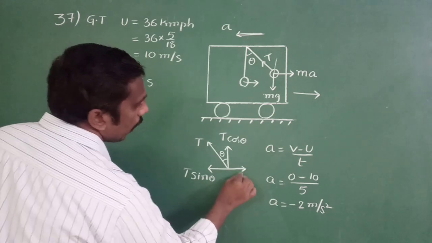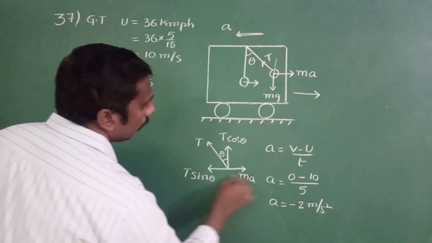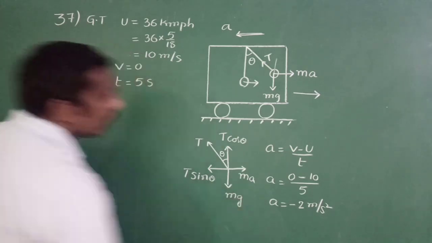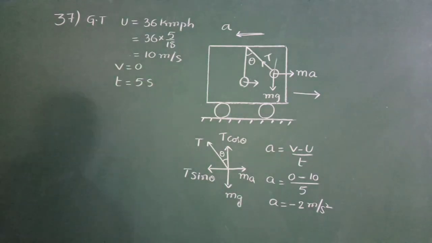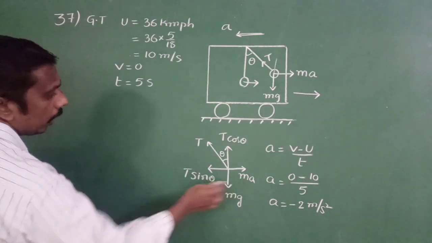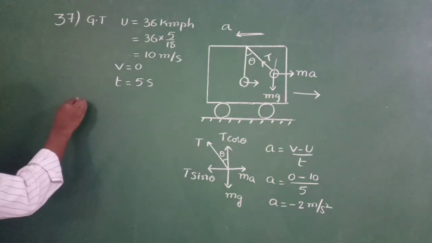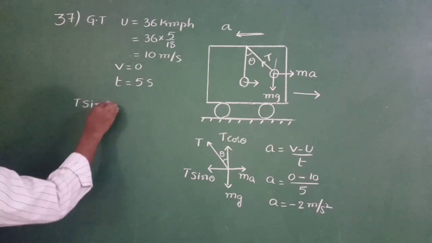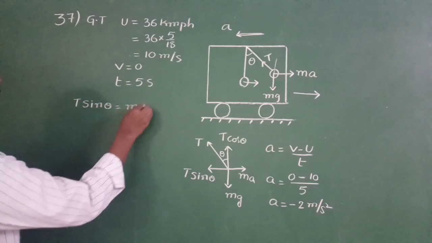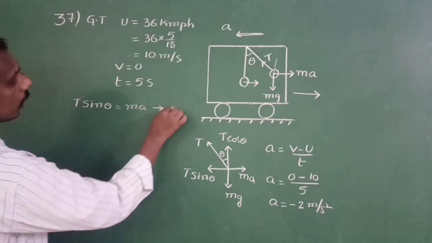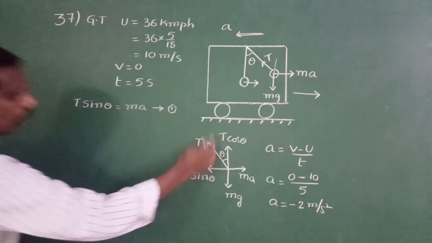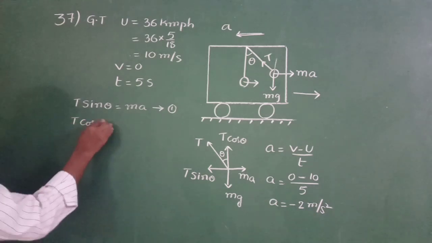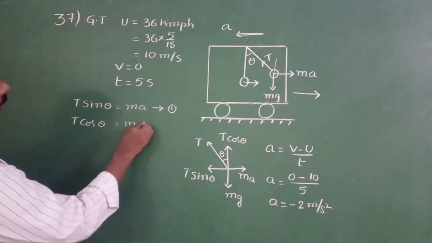Already ma is acting in this direction, and mg is acting downward. Now the ball is in equilibrium. At the equilibrium condition, ma is equal to T sin theta. So T sin theta is equal to ma. Say this is equation number 1. T cos theta is equal to mg. Say this is equation number 2.